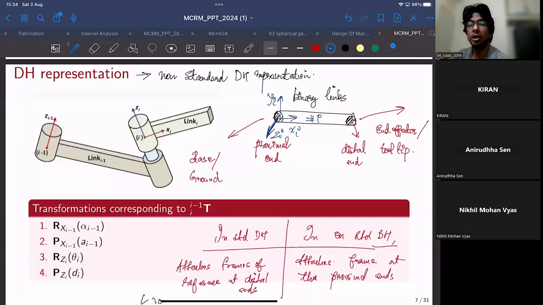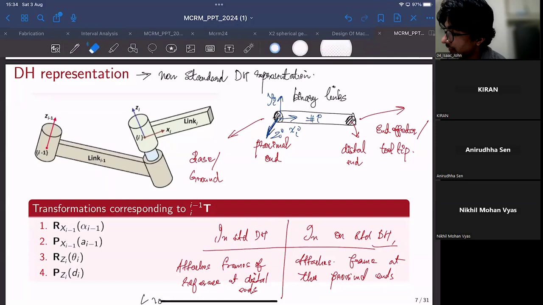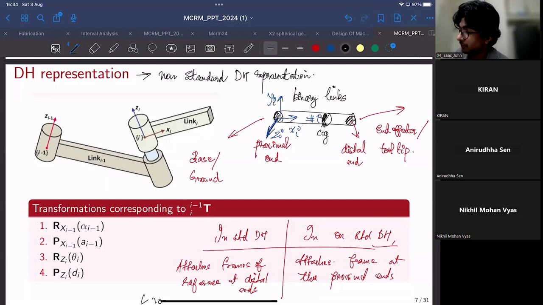And there are a lot of advantages if we are using the non-standard DH representation, because if you consider this particular link, the center of gravity would be somewhere in the middle, something like this. Let this be the COG.